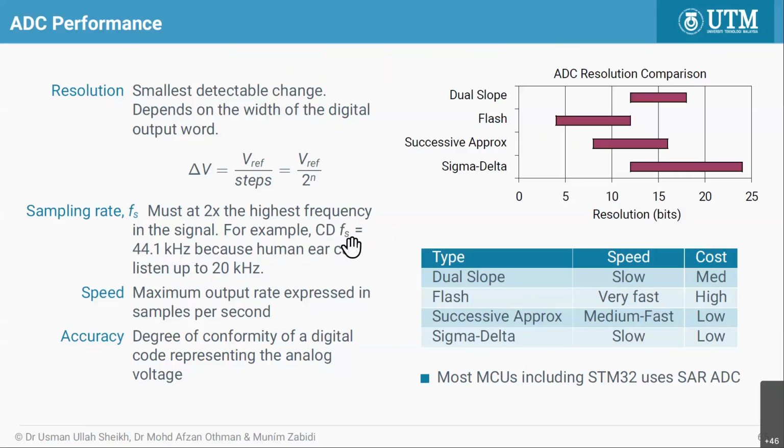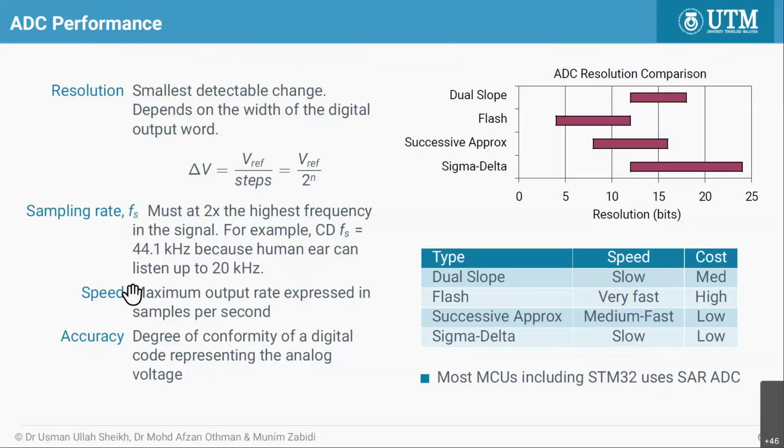The compact disc uses 44.1 because the human ear can hear up to 20 kilohertz. Some people can hear above, but 99% of people can go up to 20. So your sampling rate has to be slightly higher than twice that, 40 or something. 44 is the one chosen by Sony when they first came up with the compact disc.